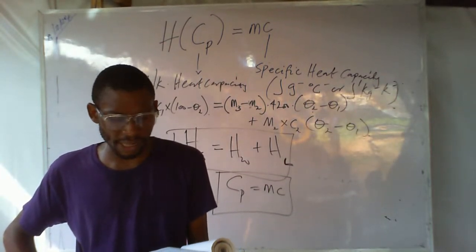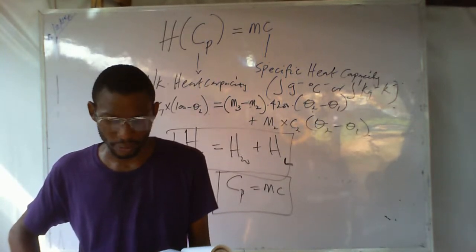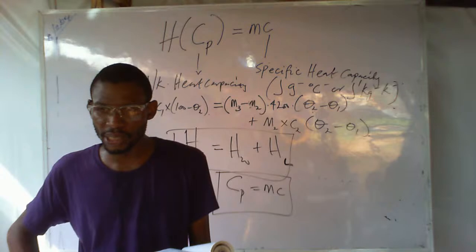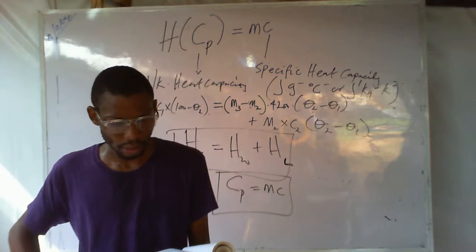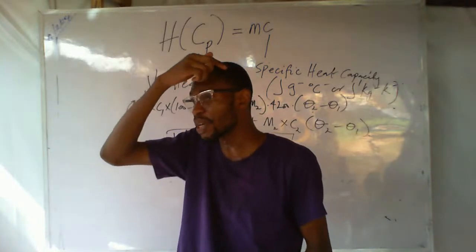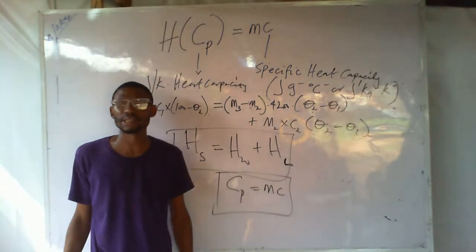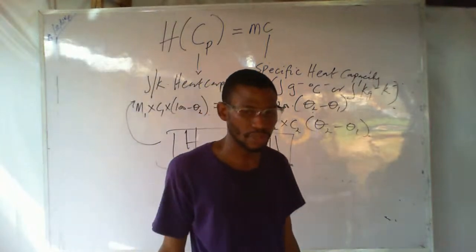If the final steady temperature of the mixture is 25 degrees, find the specific heat capacity of the metal. Class, see the way I'm going to solve this.